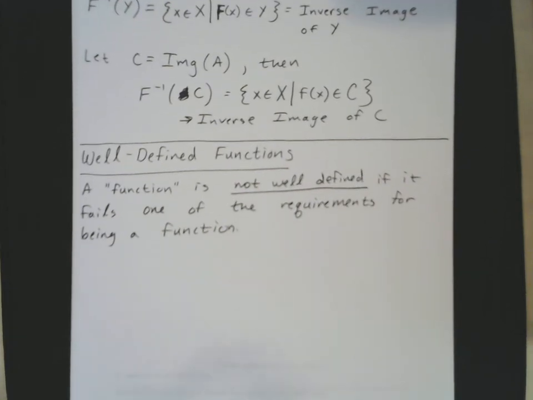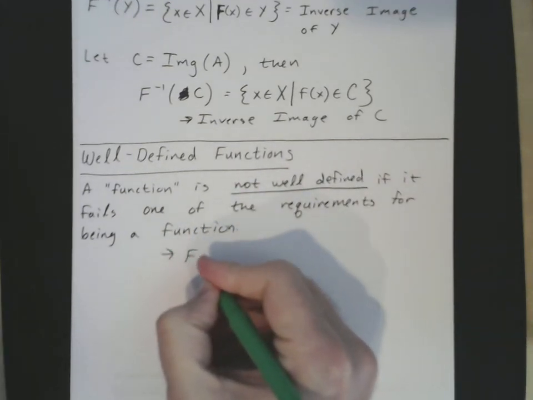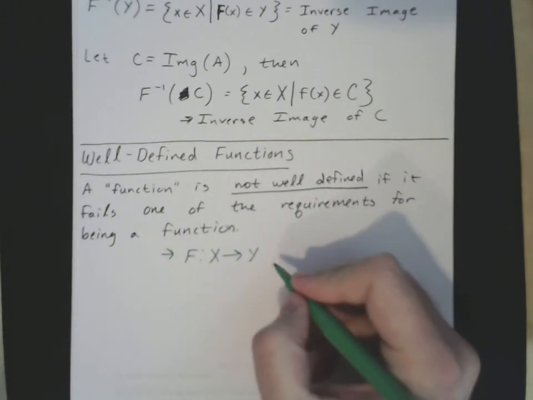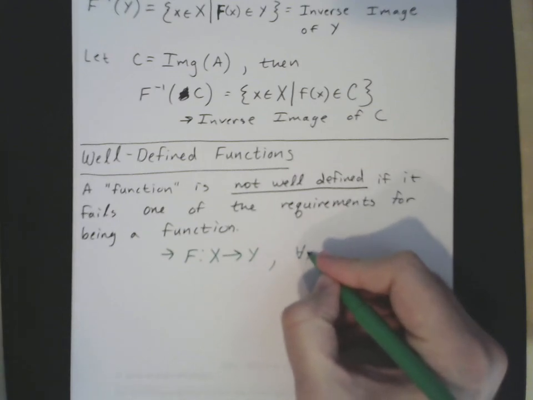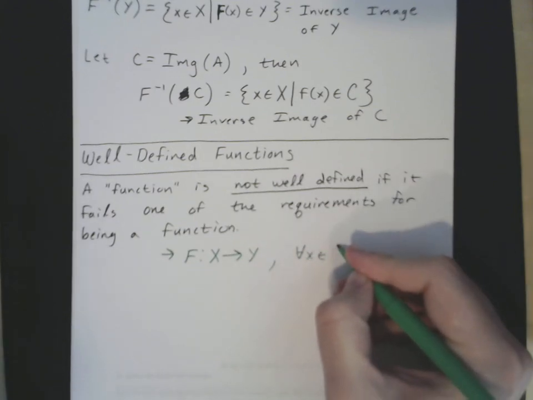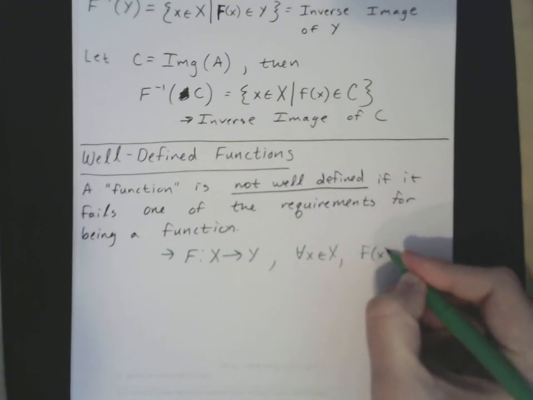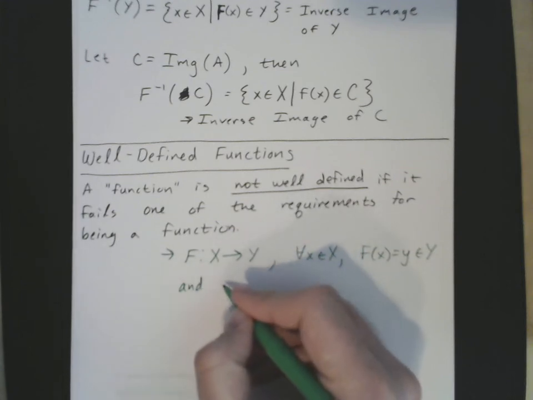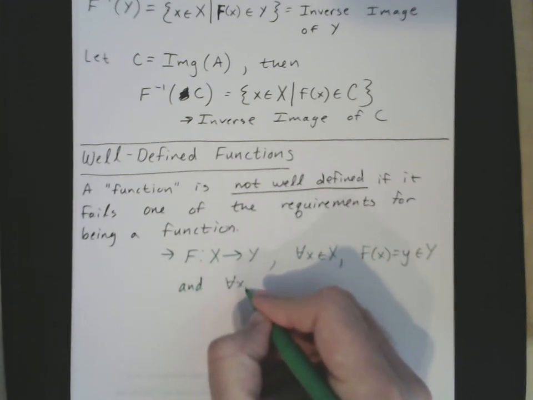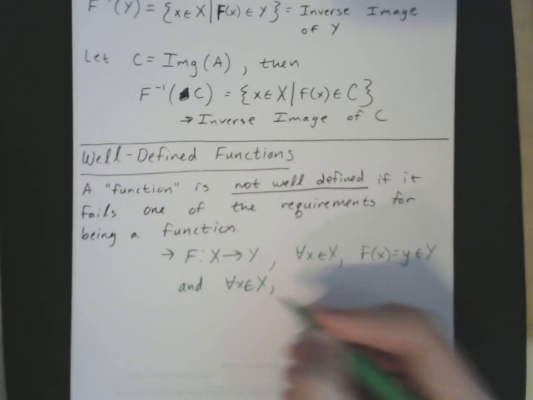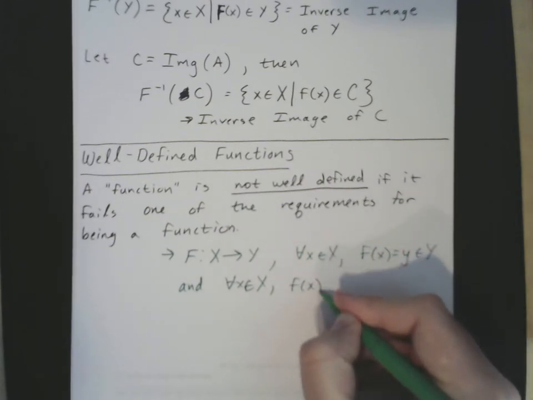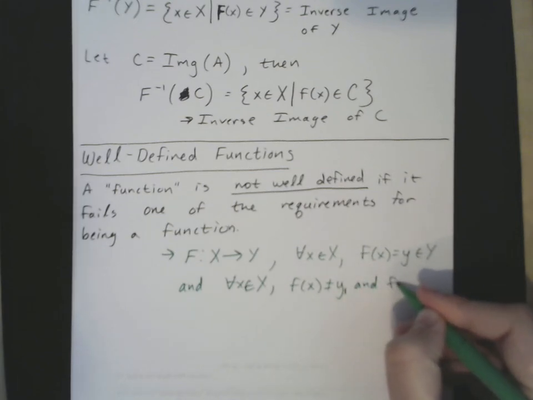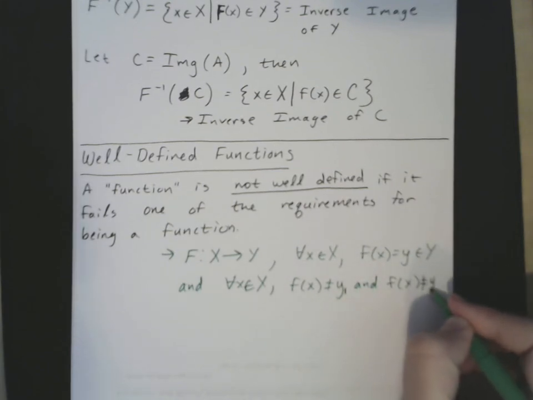So remember, our requirements are that if we have this function, quote-unquote, x into y, that for all x in x, f of x equals a little y that's in y, and for all x in x, f of x does not equal y1, f of x does not equal y2.